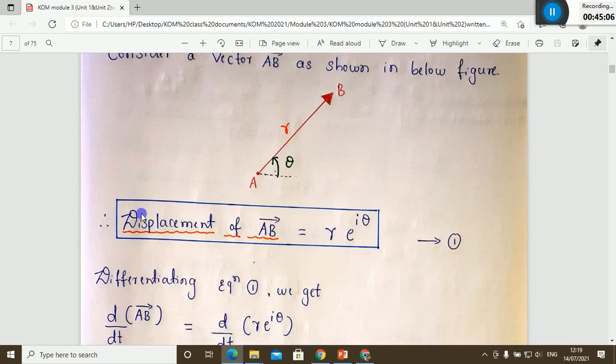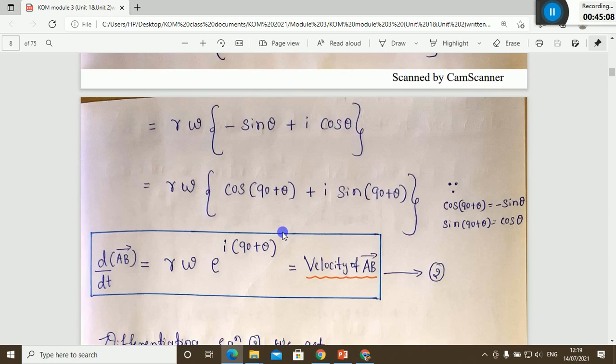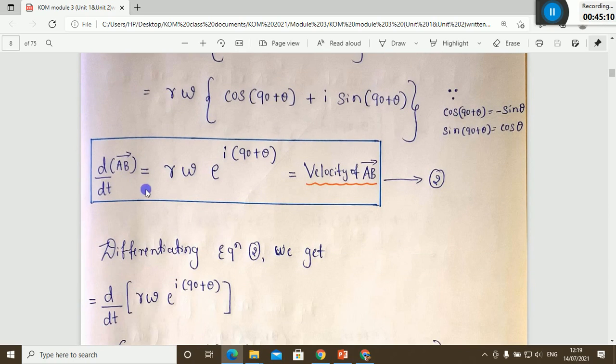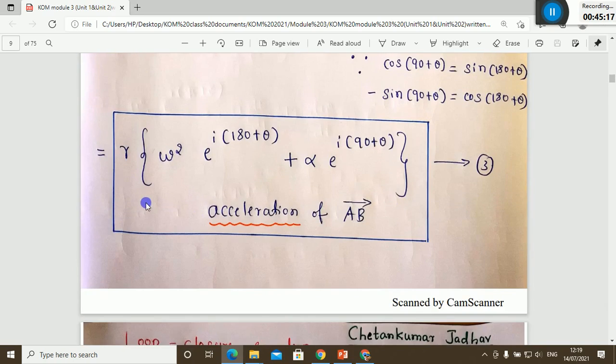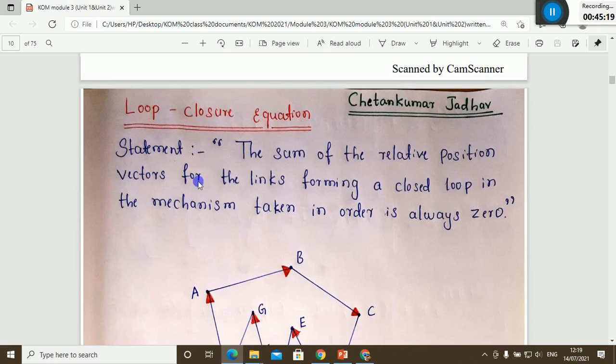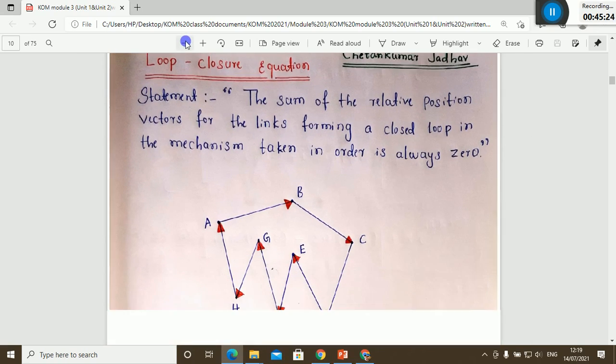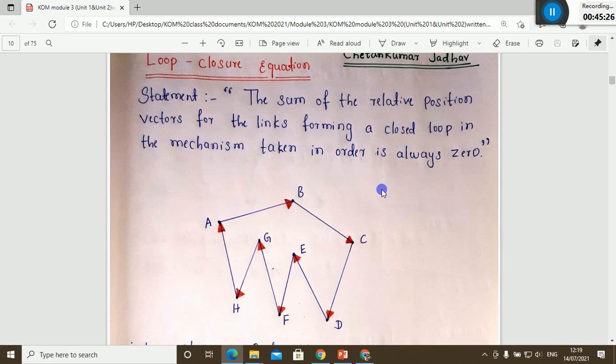Directly I gave the formula. So this is the velocity of the vector, and the acceleration. Already I gave the formula. The derivations are not required. And please take the next heading, that is the loop closure equation. I'll take another 10 minutes and I'll try to wind up today's class. Loop closure equation.